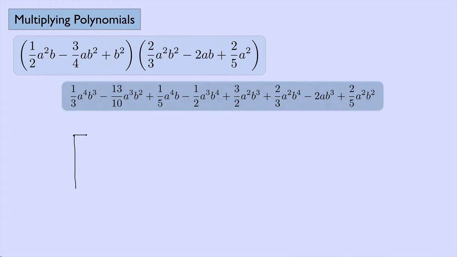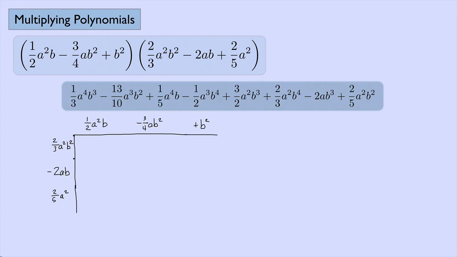So I have a 3 by 3 grid where I have 1/2 a squared b minus 3/4 ab squared plus b squared. That'll be the one on top. And then on the side, I'll have 2/3 a squared b squared, I'll have minus 2ab, and I'll have 2/5 a squared.